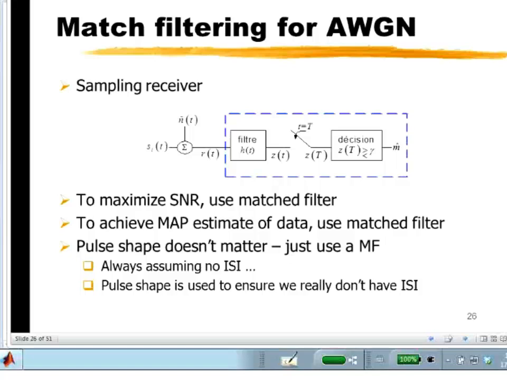And then the theory will give me those nice waterfall shapes. So if I want to be able to use my theoretical results, I've got to be working in a regime which is free of ISI. If I want to avoid getting a bit error rate floor, I want to be working in a regime that doesn't have ISI. So although theoretically I can use any pulse shape I want, in fact, if I want to avoid ISI, there are some pulse shapes that will help me do that when I'm using non-ideal components.